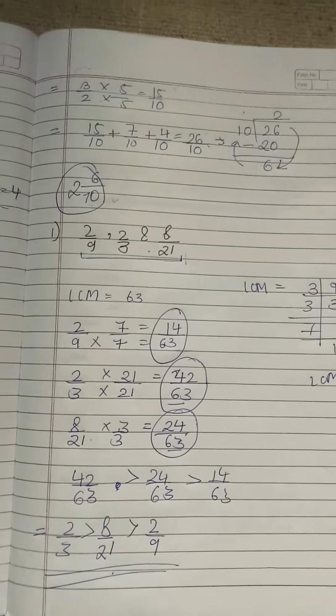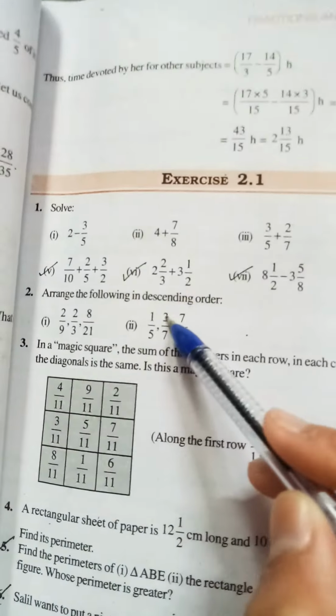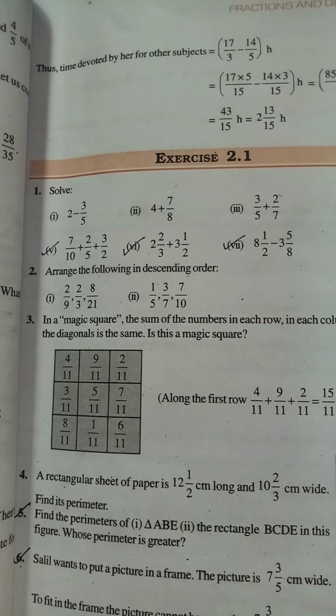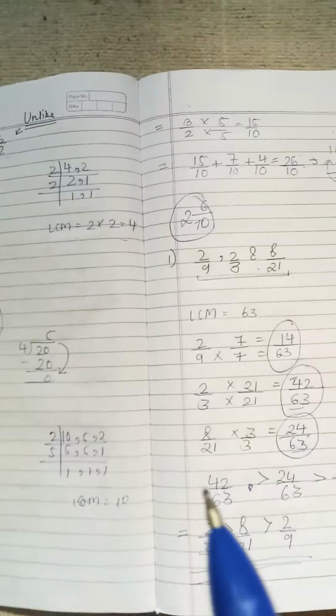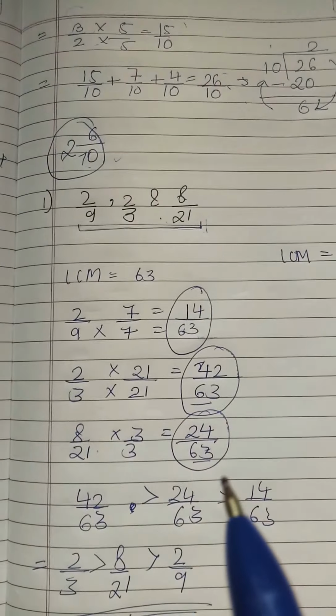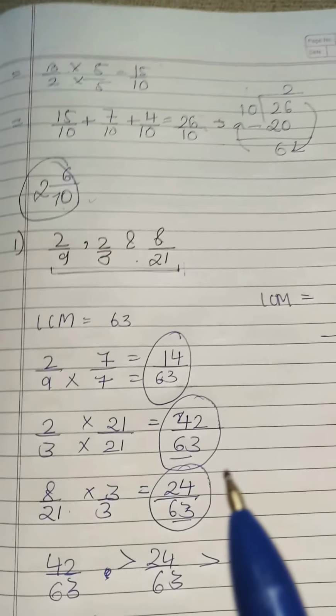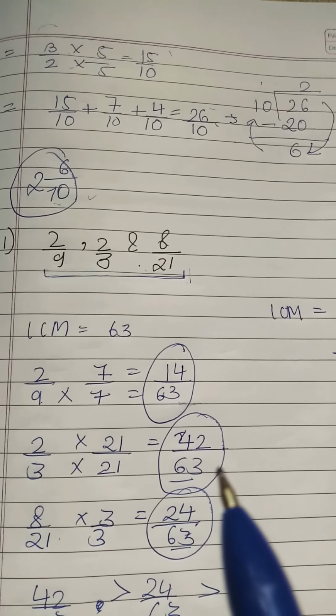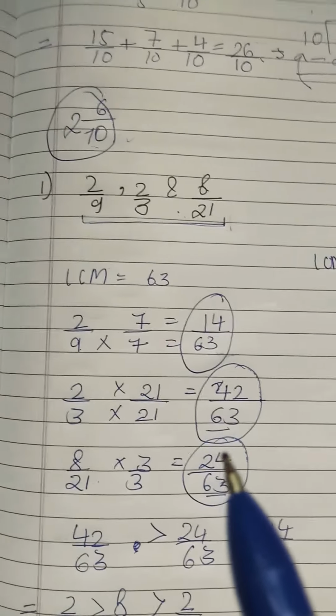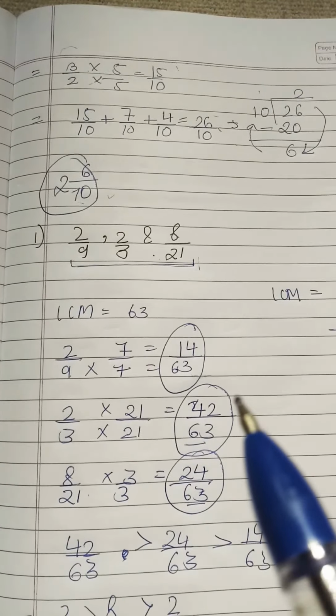Okay, now our second question is to arrange the following in descending order. We are going to do the first part. We have to arrange 2 upon 9, 2 upon 3 and 8 upon 21 in descending order. The LCM is 63.